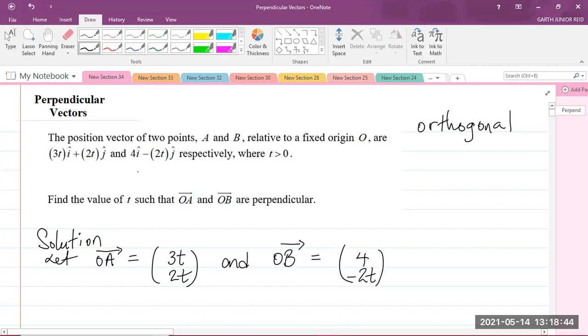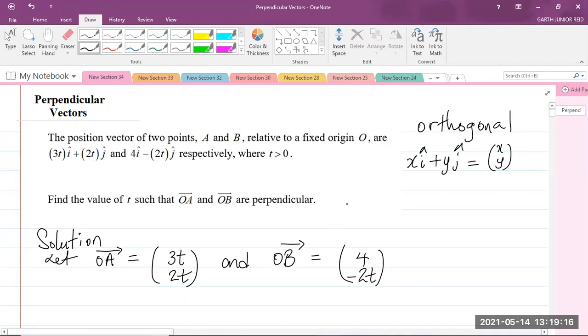I'm just writing the vectors in column vector form. So you ought to know that if I have a vector in the form of xi plus yj, where i and j are just unit vectors, that is equal to (x, y) in column vector form. So that is what I did there.